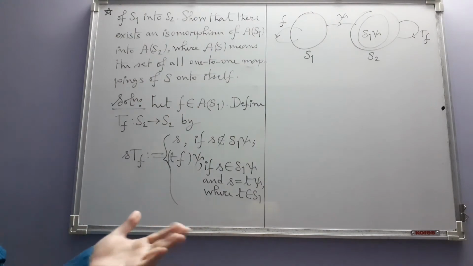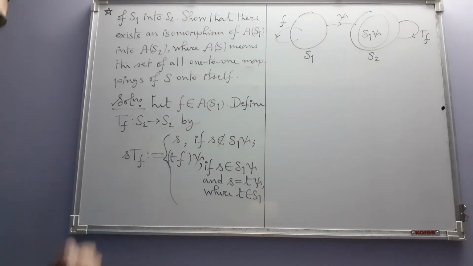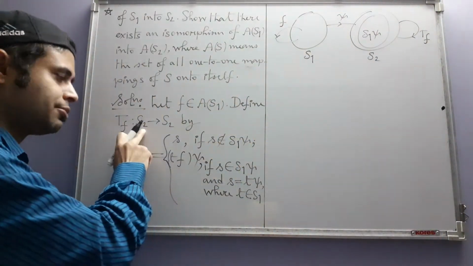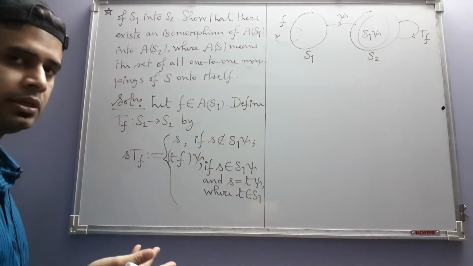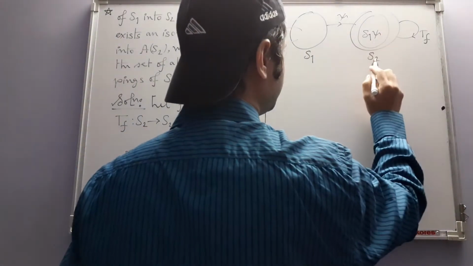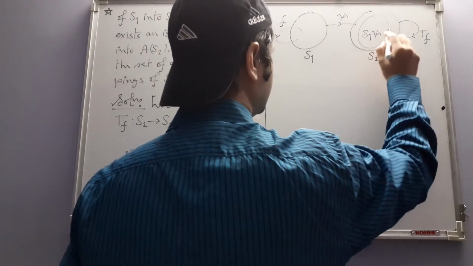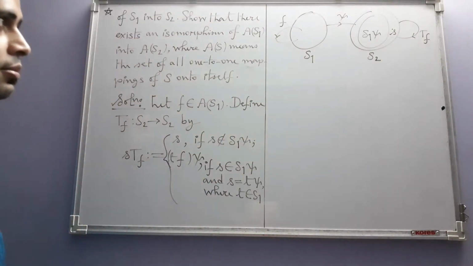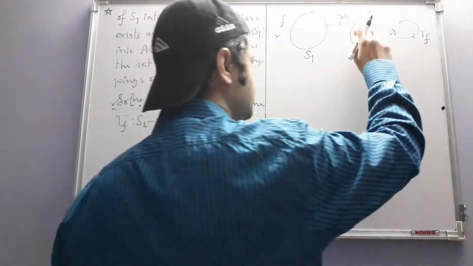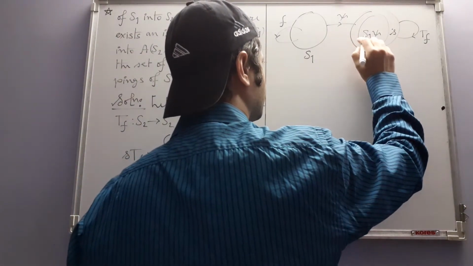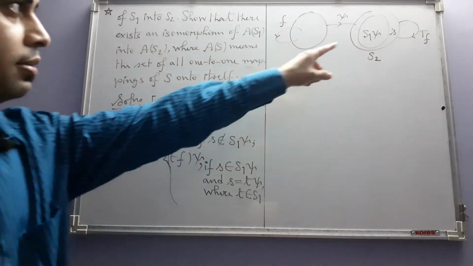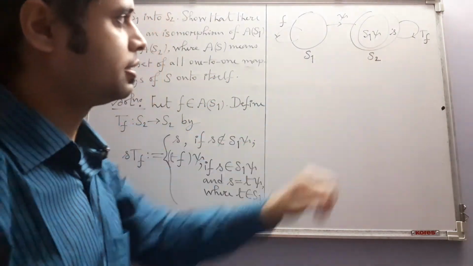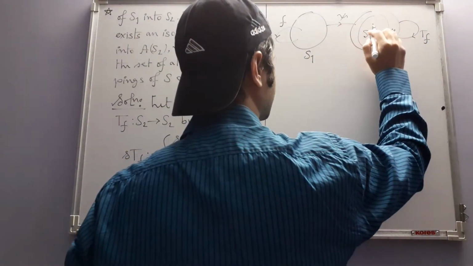Now how is TF defined? The inputs of TF should come from S2, and the outputs also should be in S2. Since the input is coming from S2, it can either lie outside S1 psi or it can lie inside S1 psi itself.